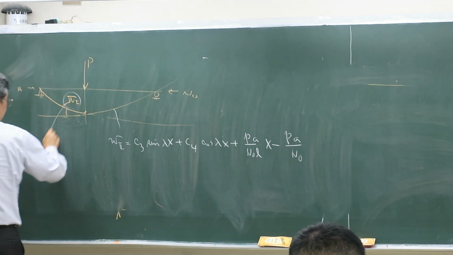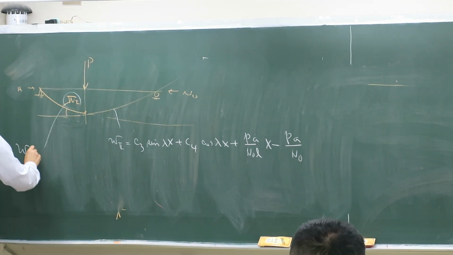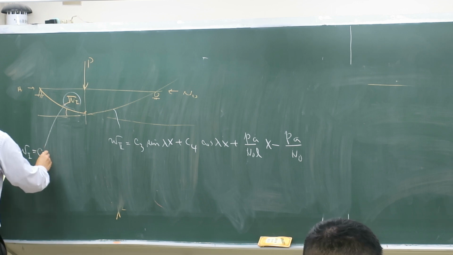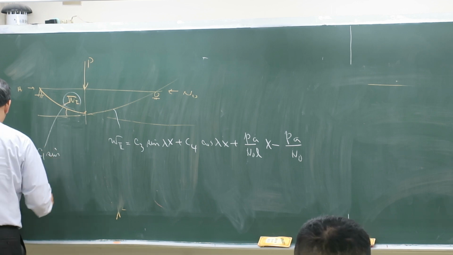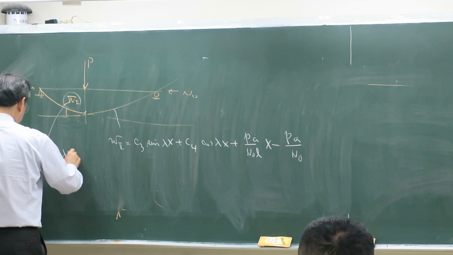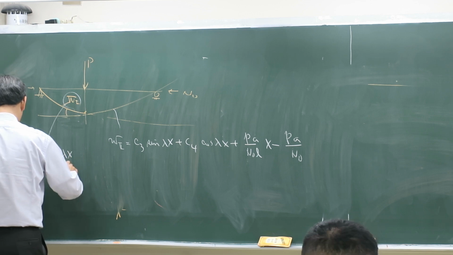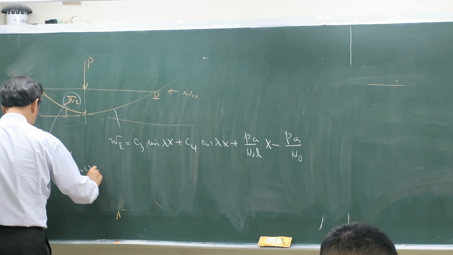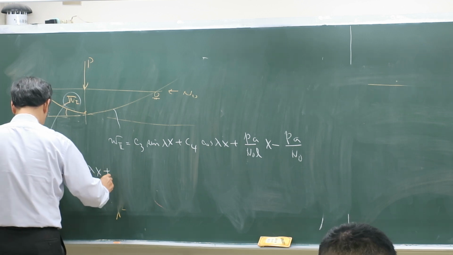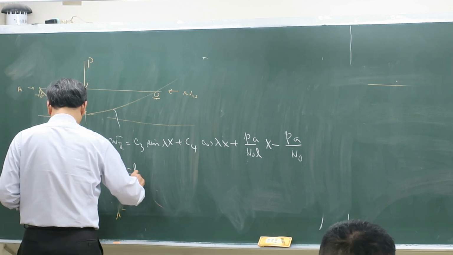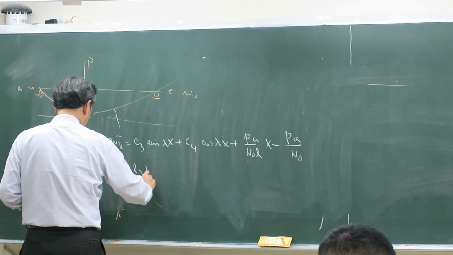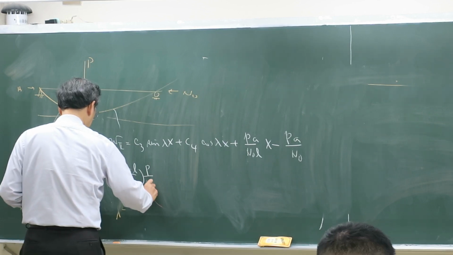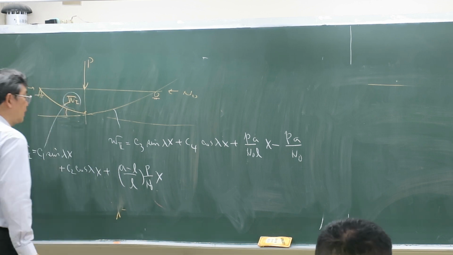And W1 we have solved is equal to C1 sine lambda x plus C2 cosine lambda x (I changed the B to C2) plus (A minus L) over L times P over N0 x.